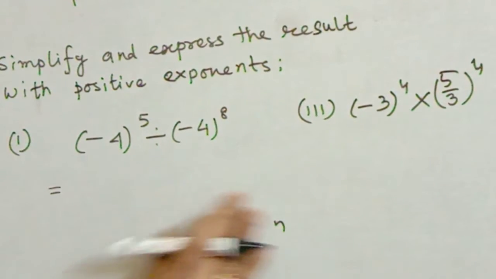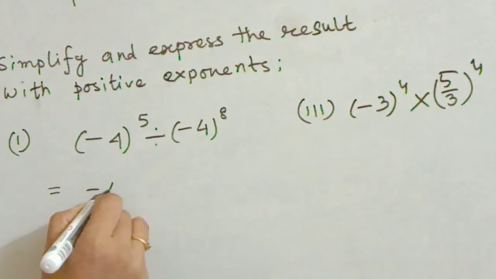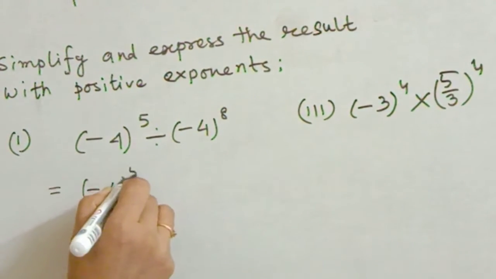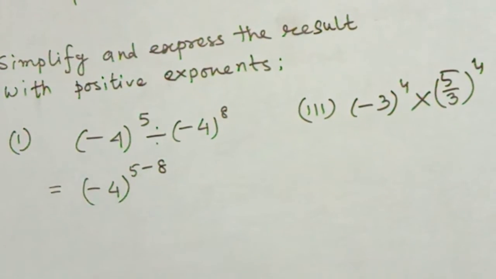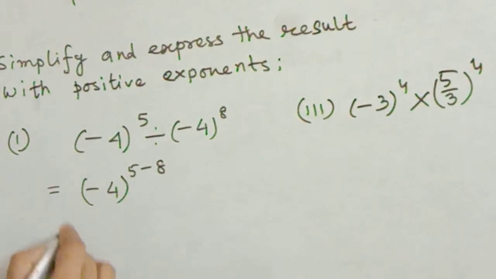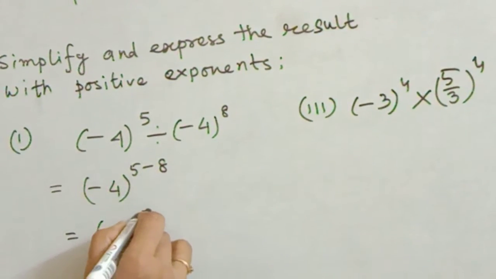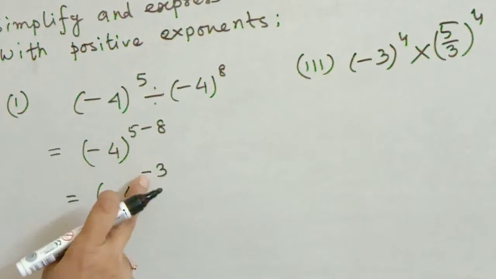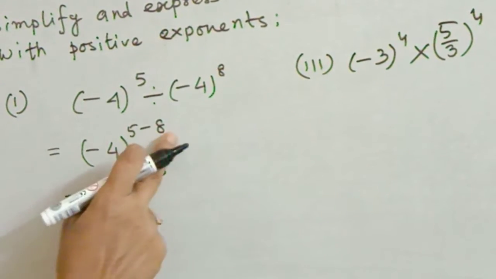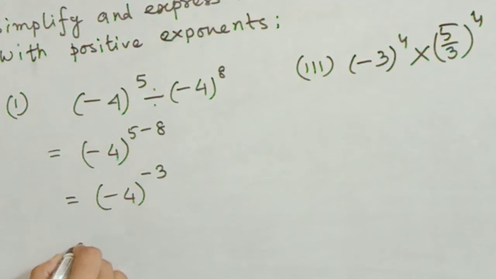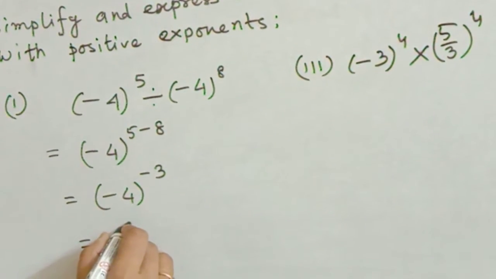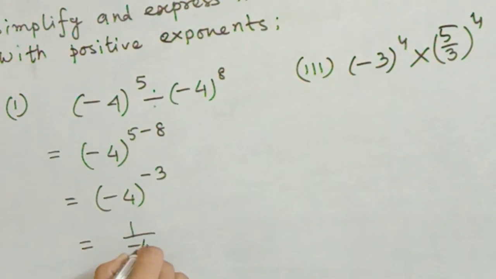Using this law, we get (-4) to the power 5 minus 8. Now the result is (-4) to the power minus 3. 5 minus 8, the minus sign will come because the larger number is 8 here. Now to make it a positive exponent, what we will do? 1 by (-4) to the power 3.